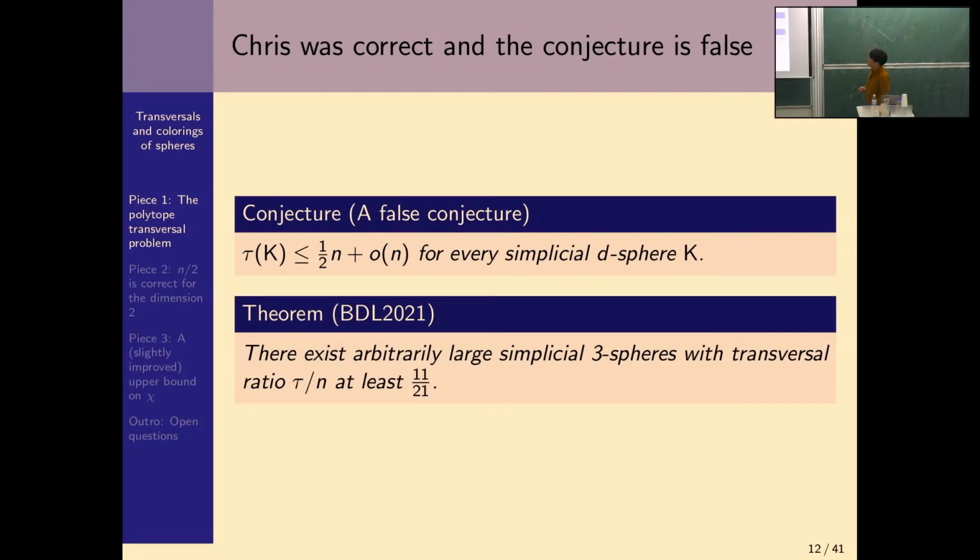With joint work with Joseph Briggs and Michael Dobbins, we could find arbitrarily large simplicial 3-spheres with transversal ratio at least 11/21. As you can see, this is slightly bigger than 1/2. Anyway, this general conjecture is false.